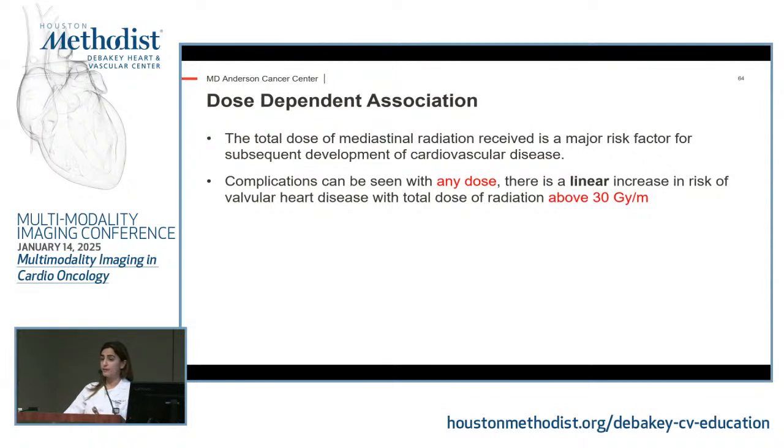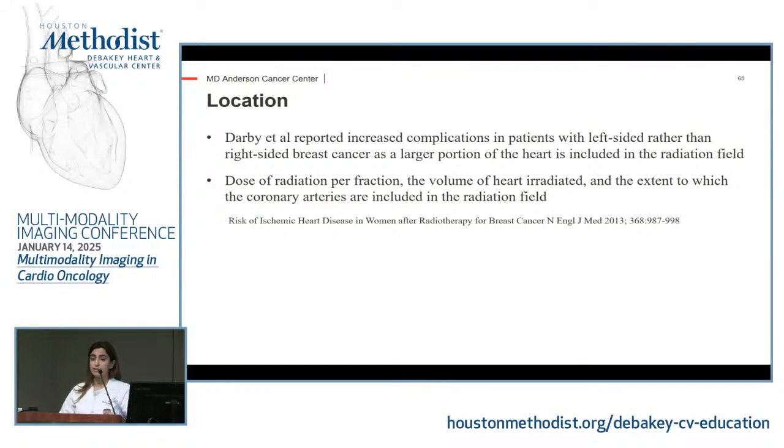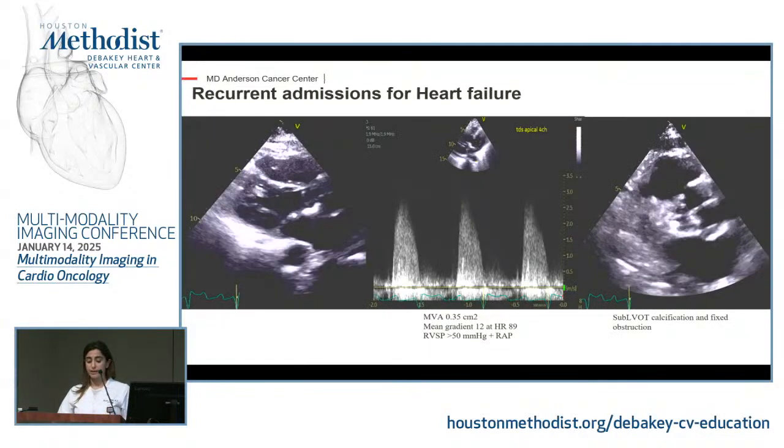It's dose dependent. Those who receive more than 30 grays are the ones that have a linear increase in valvular heart disease, and location matters, especially when we talk about the field of view that gets irradiated. Thankfully, radiation therapies now are proton-based and there's less scatter, so the coronaries are not getting as affected.